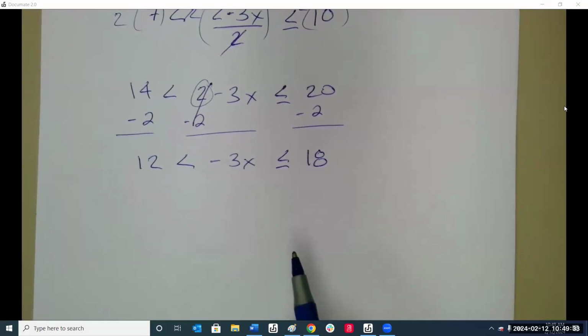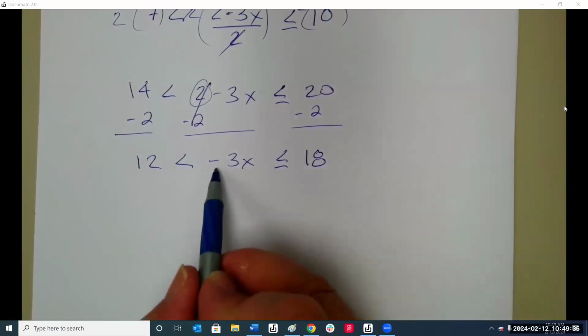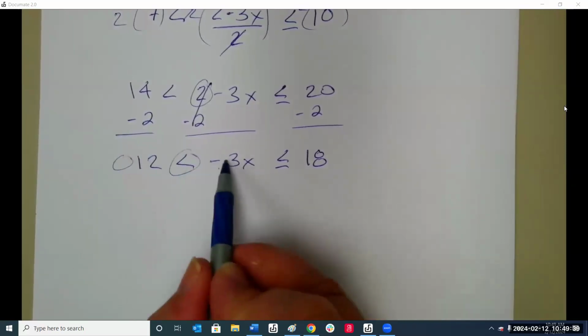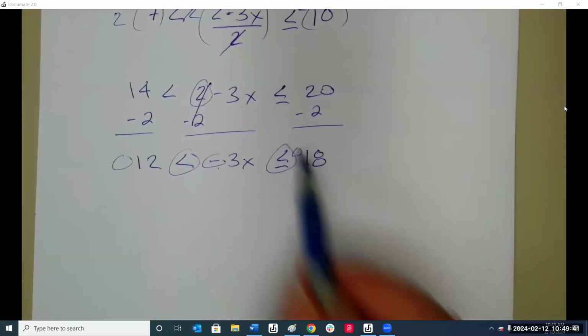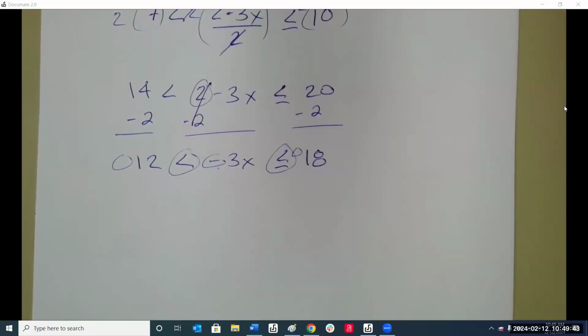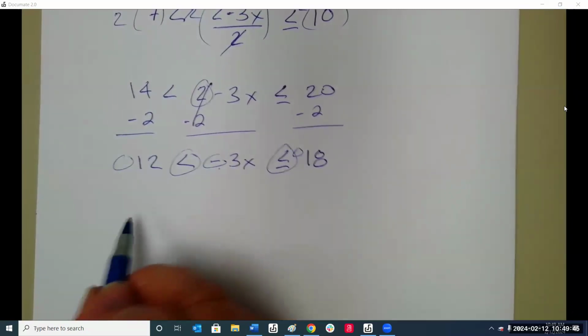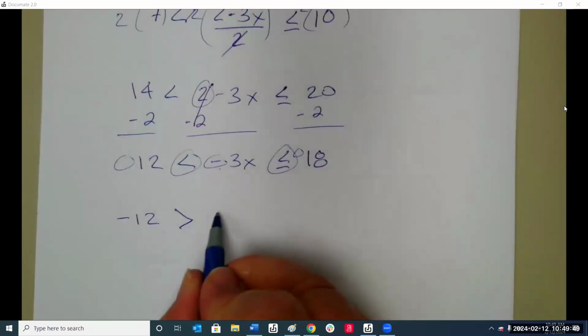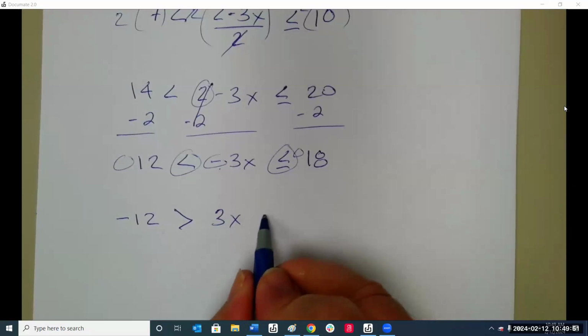What do we notice? There's a negative in front of the x. So we got to change everything. All the signs and all the inequalities. So it becomes negative 12. This flips, positive 3x.